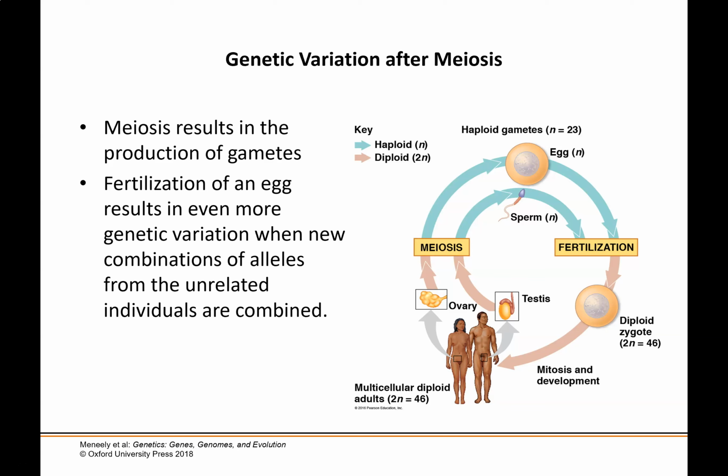And although we don't talk about it too much in here, variation is really important for the process of evolution. And that variation from meiosis is really the only new genetic variation that comes out of a population. It's sort of the reshuffling of genetic variation.